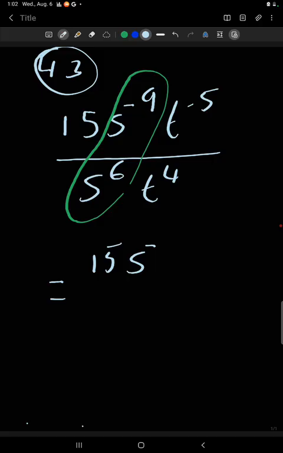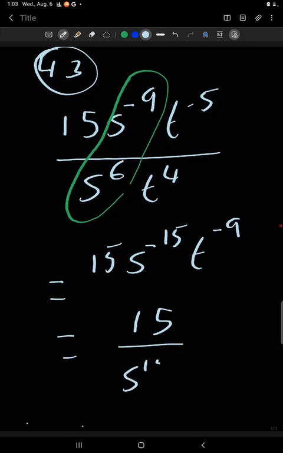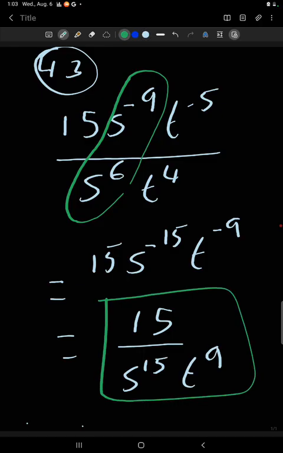So s to the 15, and then -5, -4 is going to be t to the -9. So therefore the total answer is going to be 15 divided by s to the power 15 t to the power 9. That's the total answer for 43.